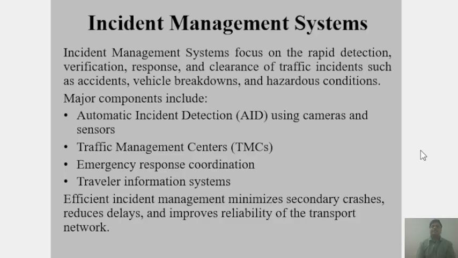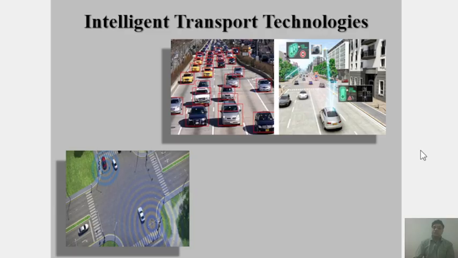So basically in this incident management system, we are able to see if any sort of incident has happened on the road, and if so, how to overcome it. By using cameras or sensors, the information is sent to the traffic management centers, where coordination takes place, so that we can minimize crashes, reduce the travel time, which is nothing but the delay, and finally it leads to the reliability of the transportation network.